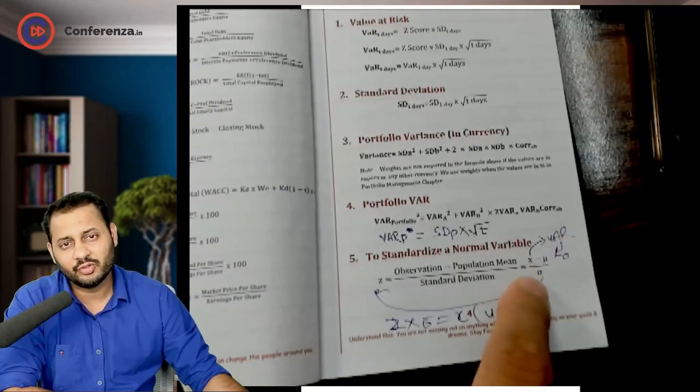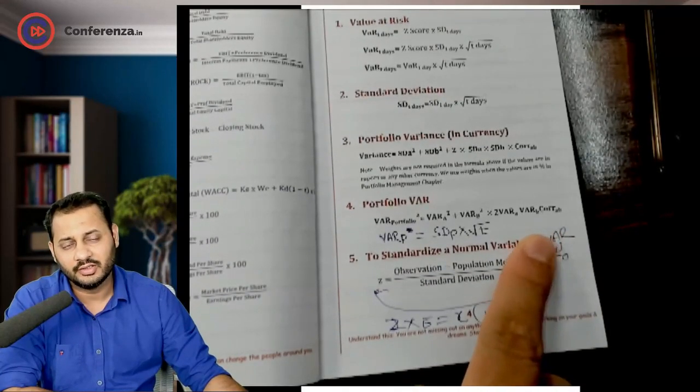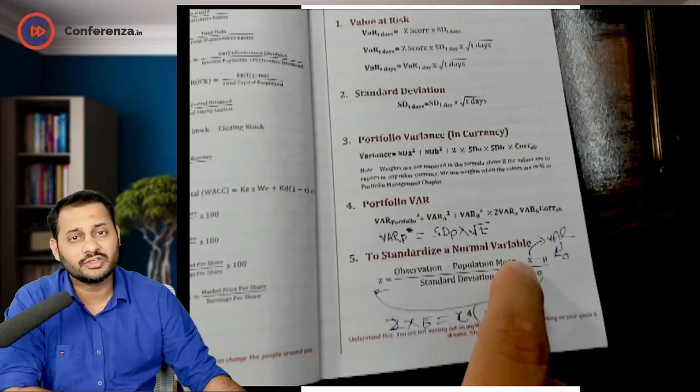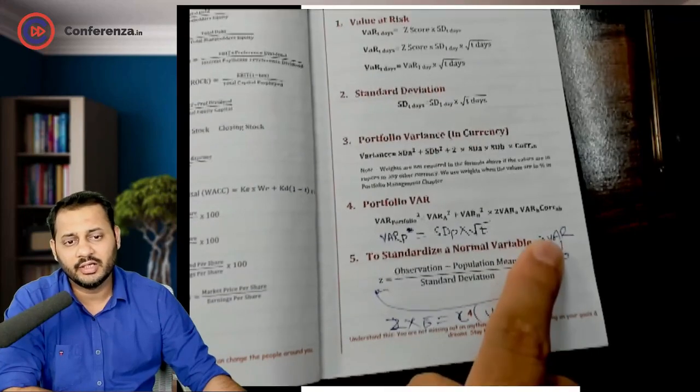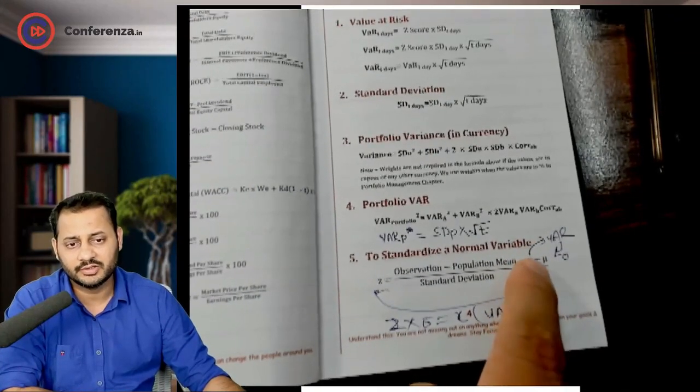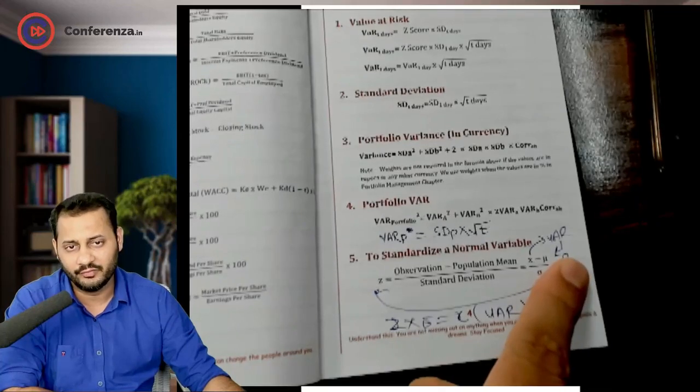This was the same formula that we used to calculate the VAR, and in that this x was the VAR. So please mark in your formula book itself, this is a VAR. And whenever we calculate a VAR, the mu becomes 0 always.